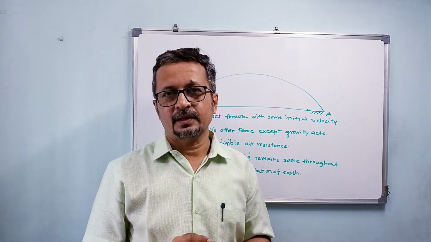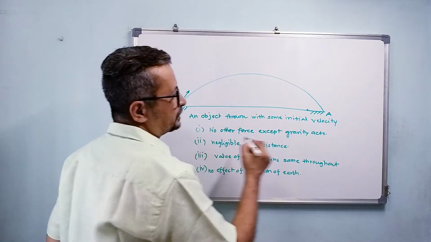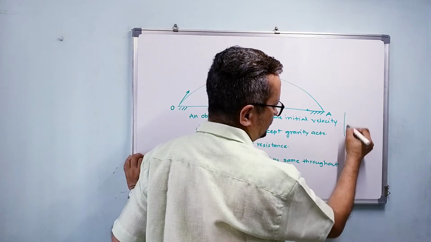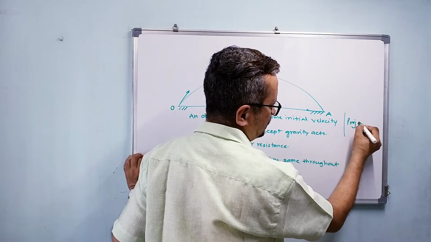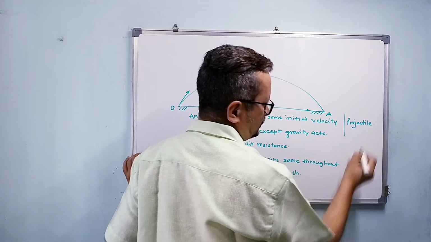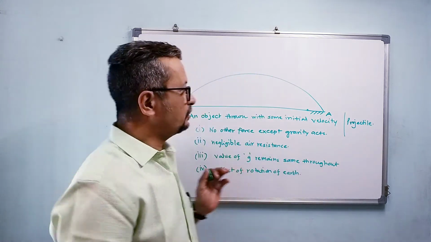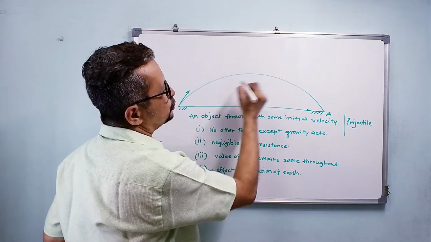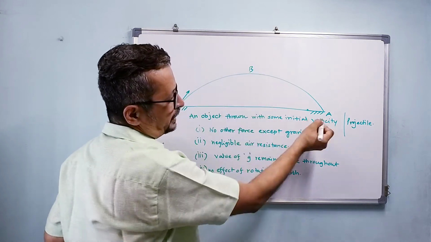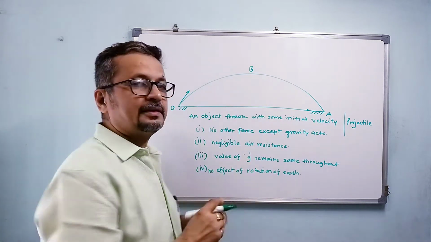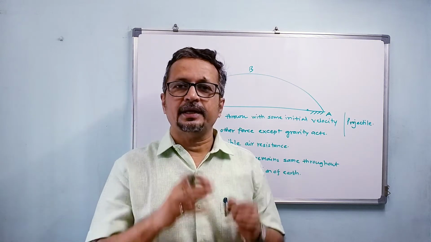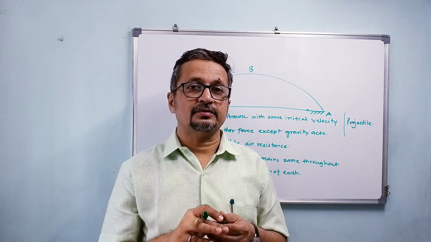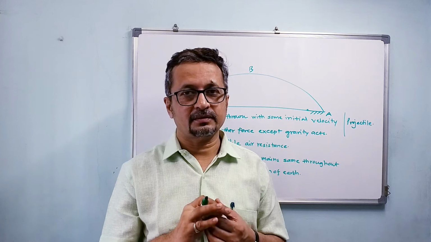That object would be called a projectile. Now, the path of this projectile, the path from O to B to A, that path of the projectile is called the trajectory of the projectile. Correct.